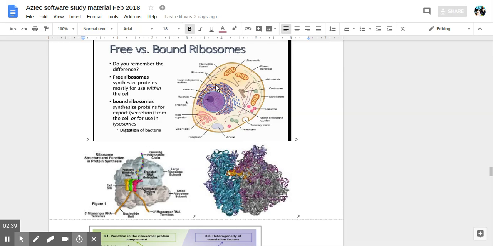Then they have the rough endoplasmic reticulum. Chromatin are the condensed versions of the chromosomes, the DNA or genetic material compacted into the nucleus when the cell is not in its division cycle.